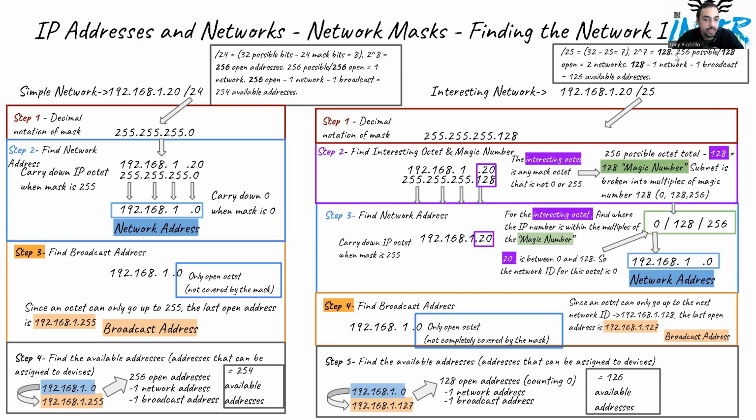We know there's 256 possible numbers, right? Because we count 0. And so we divide that by our 128 open addresses, which gives us 2, meaning there's 2 subnetworks. So then 128 minus 1 network minus 1 broadcast gives 126 available addresses in both those networks.